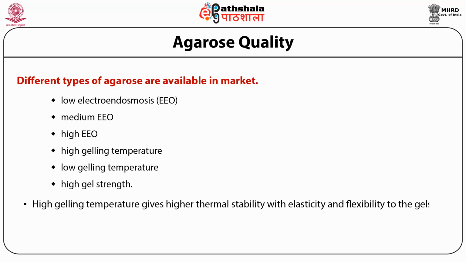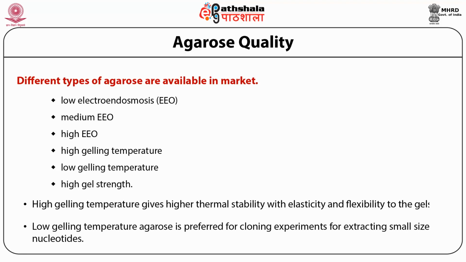High gelling temperature gives higher thermal stability with elasticity and flexibility to the gels. Low gelling temperature agarose is preferred for cloning experiments for extraction of small size nucleic acids.